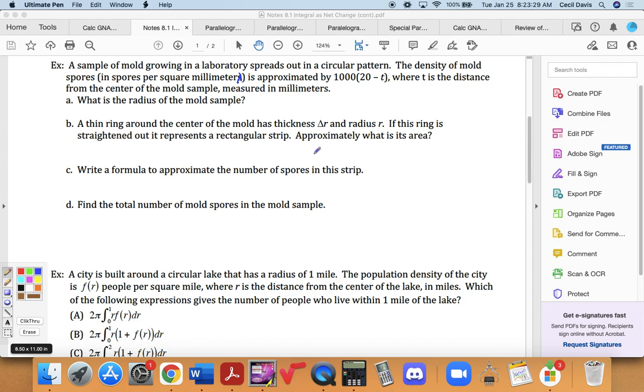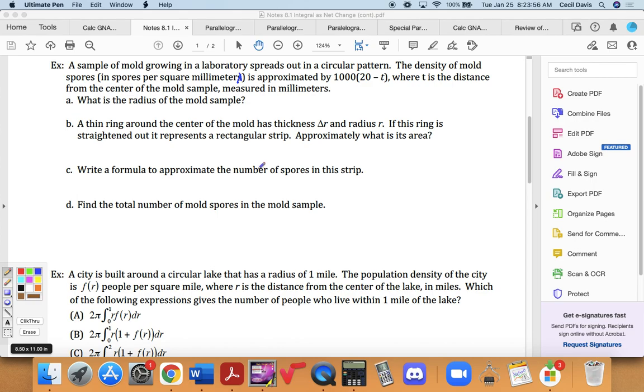All right, so some questions. What is the radius of the mold sample? And at first you may think, they didn't tell me that, but they did indirectly. Is it possible for the density of the mold spores to be negative? No. Where would the density of the mold spores be 0?